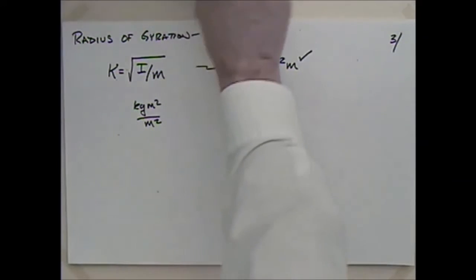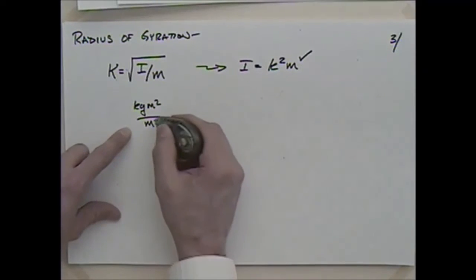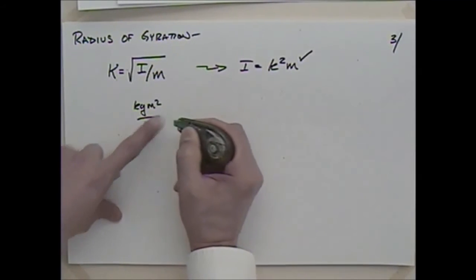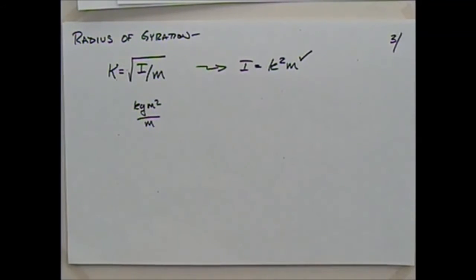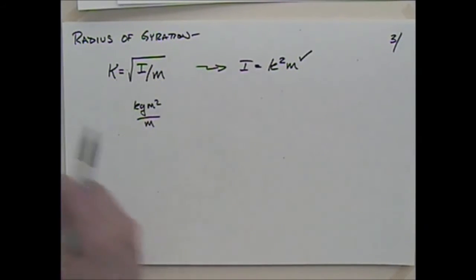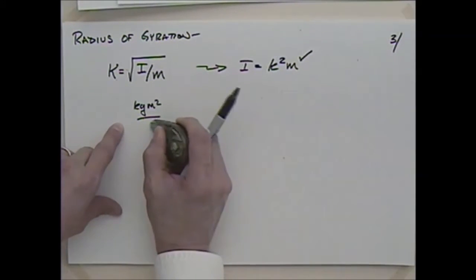I just have m in the denominator. Are we okay now? I is going to be in mass units, kilograms times distance squared. Mass will be just in kilograms. Oh, I really messed that up. There we go.